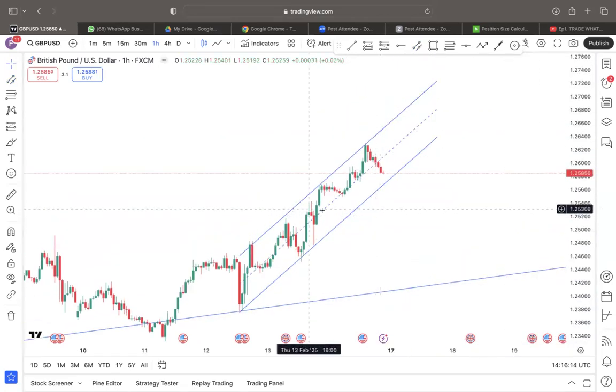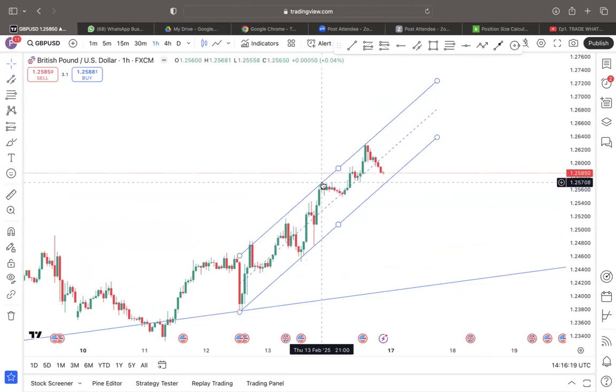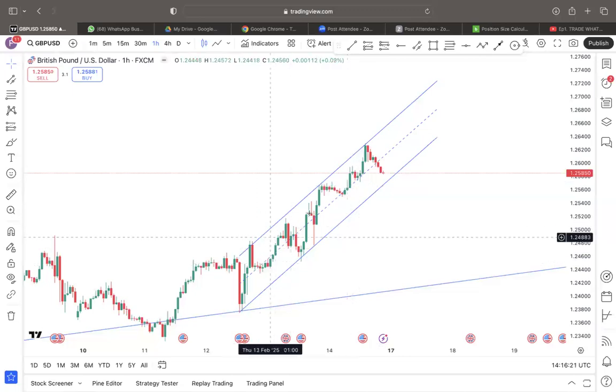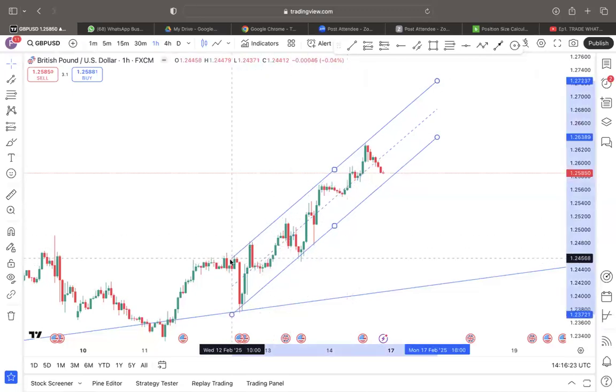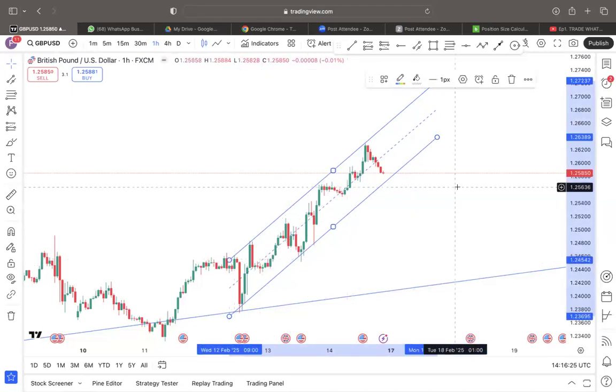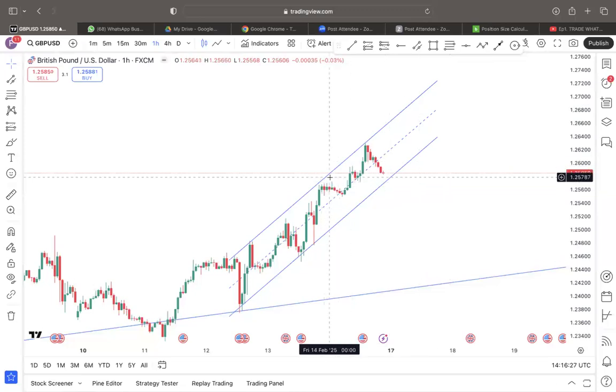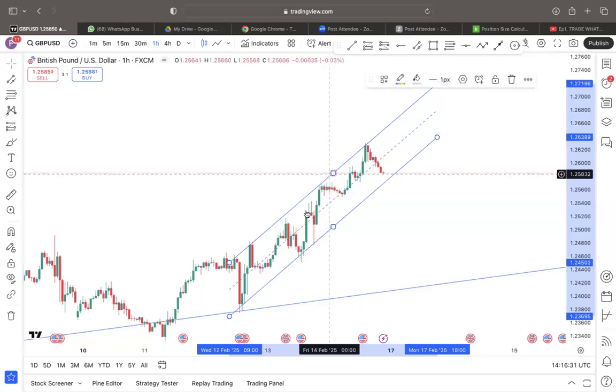I'm seeing this to this side. So let's adjust it towards the side, then beautiful. Some people will call this a flag, but this is what I am seeing here. And it will even become better.